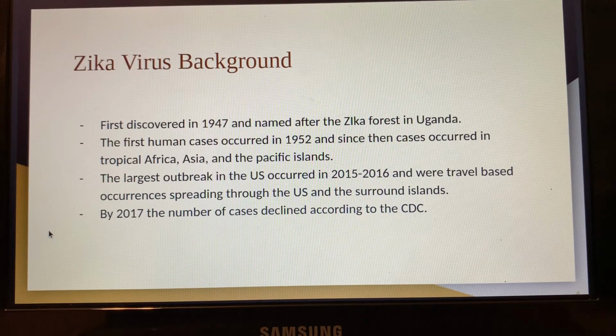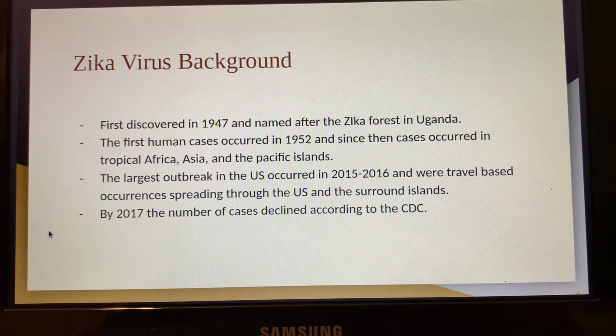So, the Zika virus background. It was first discovered in 1947 and named after the Zika forest in Uganda. The first human cases occurred in 1952, and since then, cases have occurred in tropical Africa, Asia, and the Pacific Islands. The largest outbreak in the U.S. occurred in 2015 and 2016, and it was travel-based occurrences spreading through the U.S. and surrounding islands.